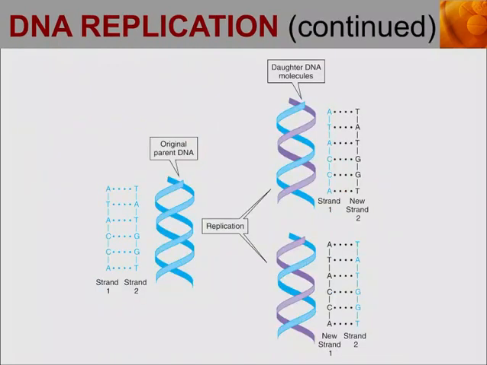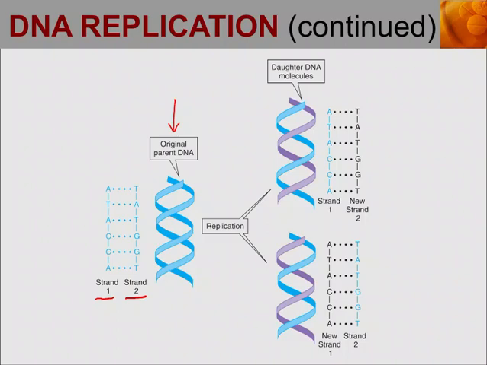Here's a more zoomed-in picture of what's going on with DNA replication. Again, we have our original parent DNA. It's almost like two ribbons wound around each other. We've got strand 1 and strand 2, and you can see that A is always paired with T, and C is always paired with G, and vice versa. Now those parent strands are going to start to split apart so that we can put new nucleotides in.